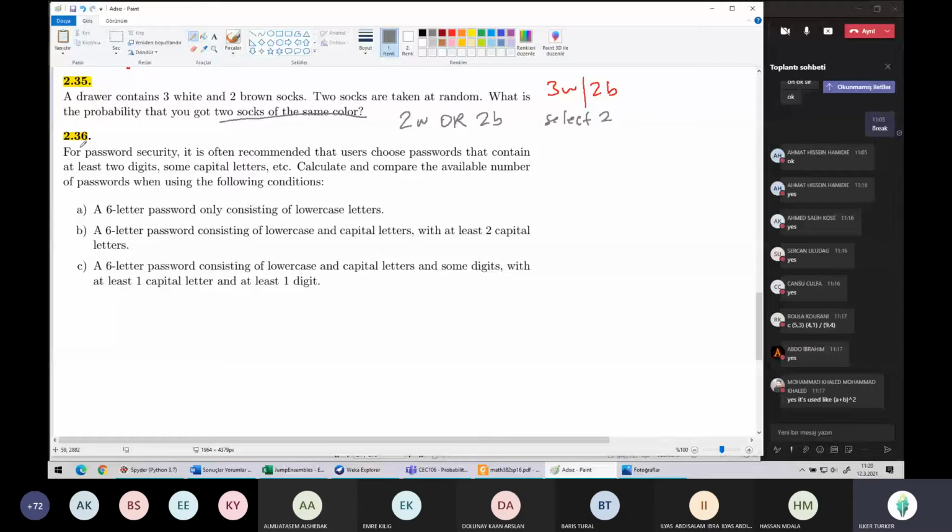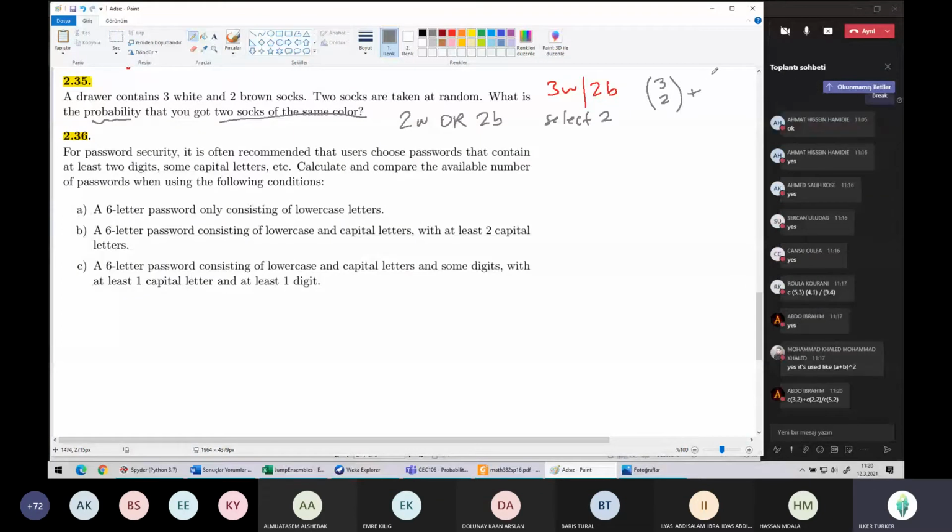This is a probability question. So the probability of 2 white is this. I don't write the 0 from brown, the combination of 0 from brown. I don't have to write it.